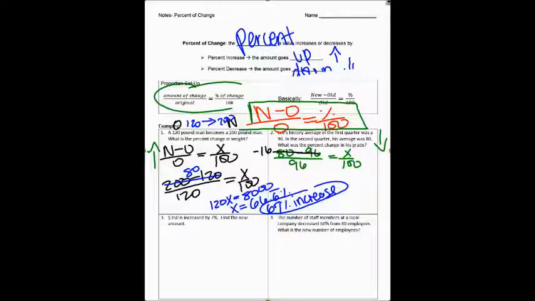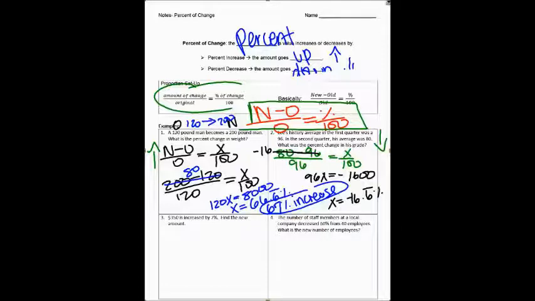Now we go to solve this. We get 96x equals negative 1600. Divide by 96, we get x equals negative 16.6 repeating percent. The reason we got a negative on this one is because it is a decrease. If you get a negative percent, that means it's a decrease.